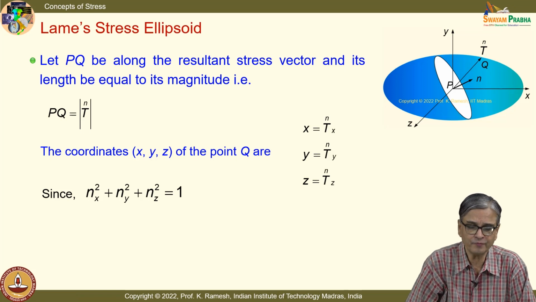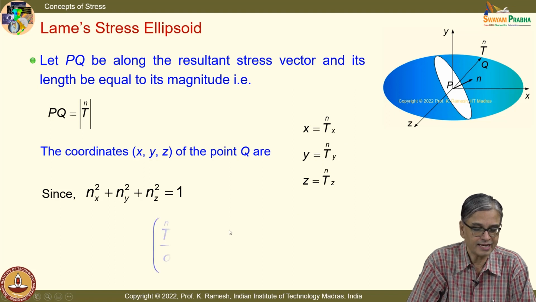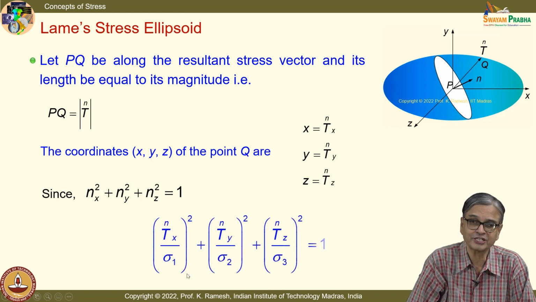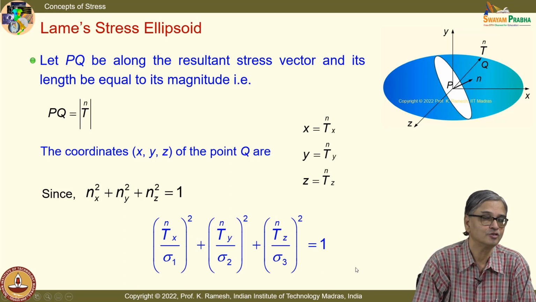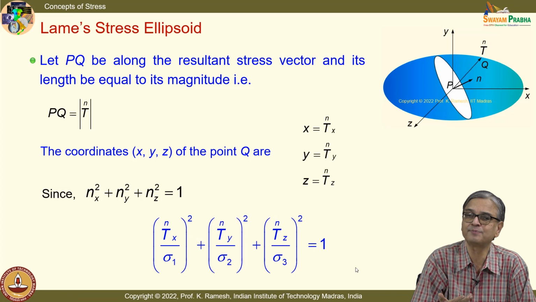So, now when I use this expression, I get (Tnx divided by sigma 1) whole squared plus (Tny divided by sigma 2) whole squared plus (Tnz divided by sigma 3) whole squared equals 1. So, this is nothing but an ellipsoid of revolution.